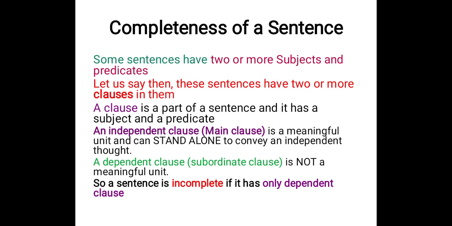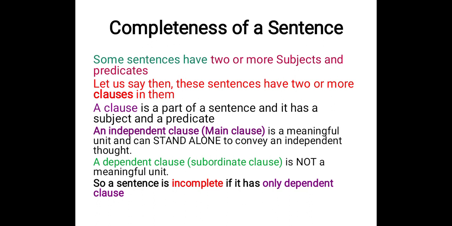There are two types of clauses: an independent clause or main clause, and a dependent clause or subordinate clause. An independent clause is a meaningful unit and it can stand alone to convey an independent thought. A dependent clause at the same time is not a meaningful unit.